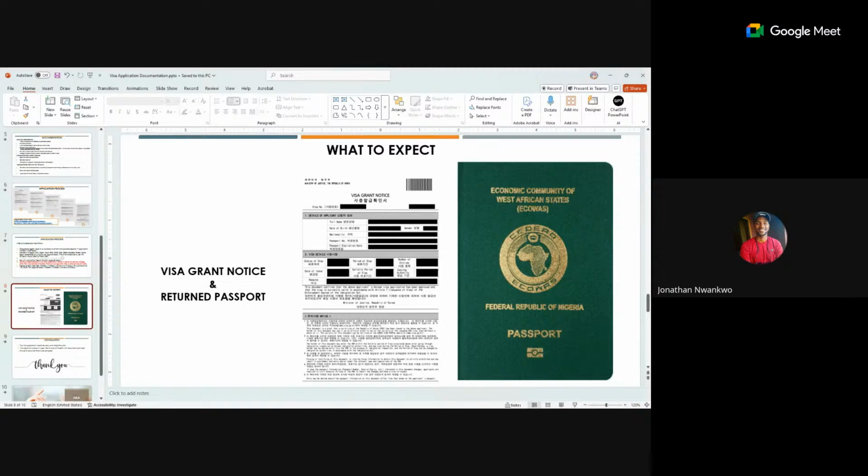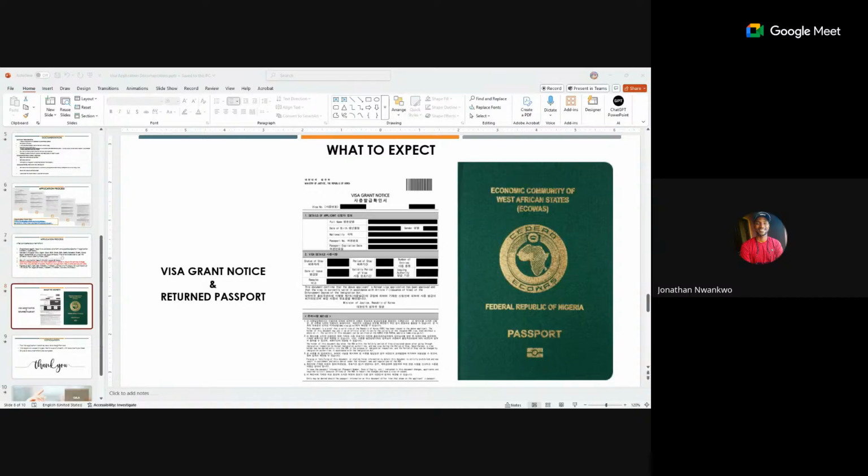You can even make a colored copy to be on the safe side. Give them the colored copy, because these are the only two documents they will return to you: the visa grant notice and your passport. This is just a sample of how it actually looks. Your passport will be affixed to it, and every other detail of yours will be on it.